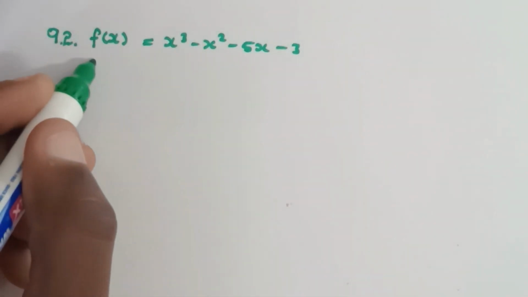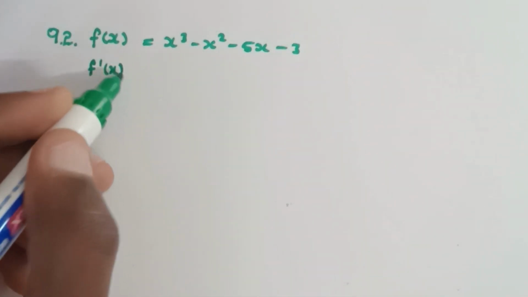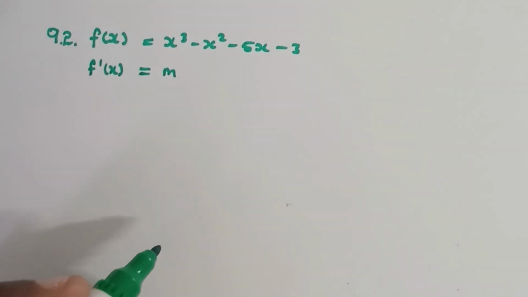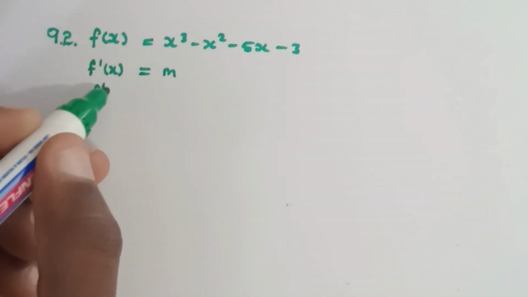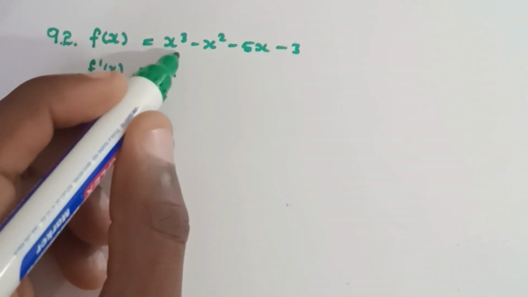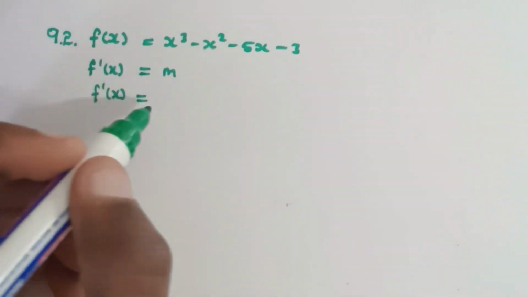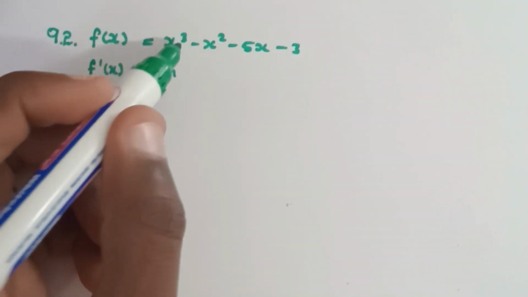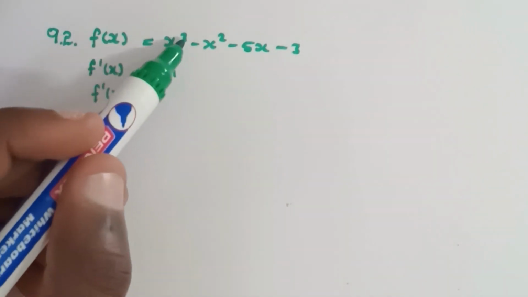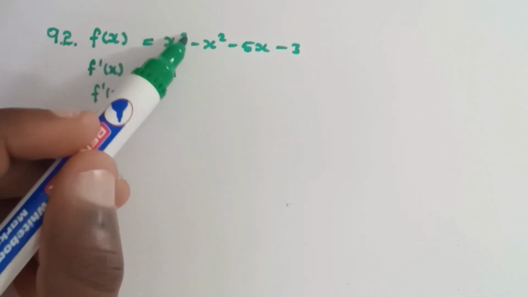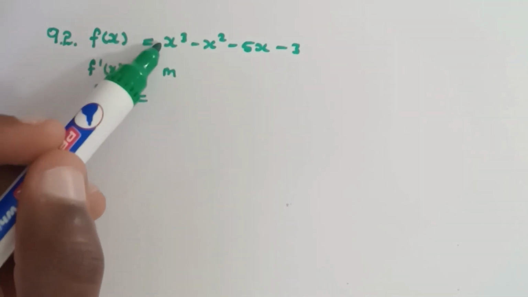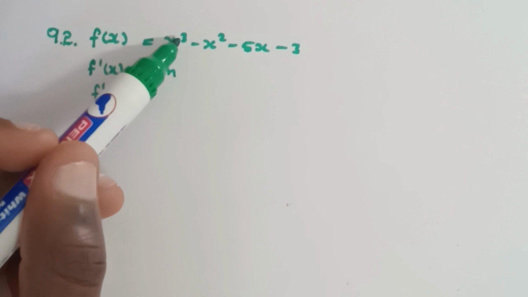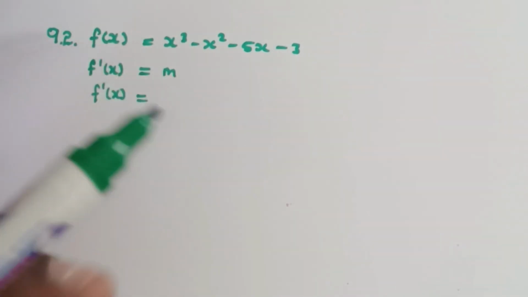So here f prime of x is equal to m. That means it's a gradient. So here f prime of x is equal to, we are deriving that equation. So it will be 1 times 3. It means that we multiply the power with the coefficient of that exponent that we are deriving with respect to, and then we minus 1 from that exponent.